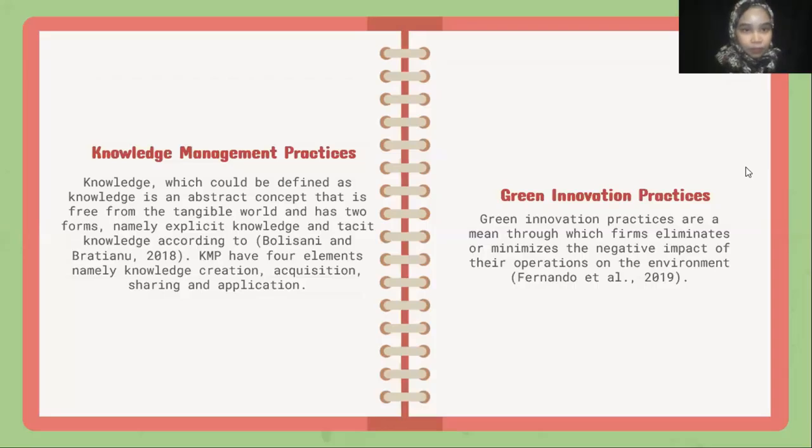So knowledge management practices. Knowledge could be defined as an abstract concept that is free from the tangible world and has two forms, namely explicit knowledge and tacit knowledge, according to Polyanyi and Bertiano 2018.